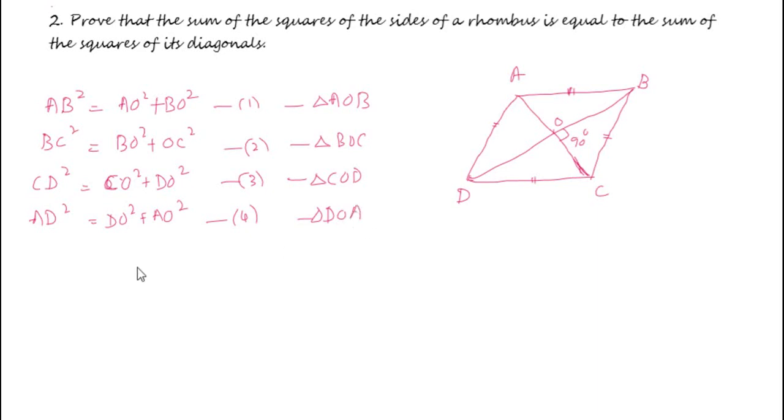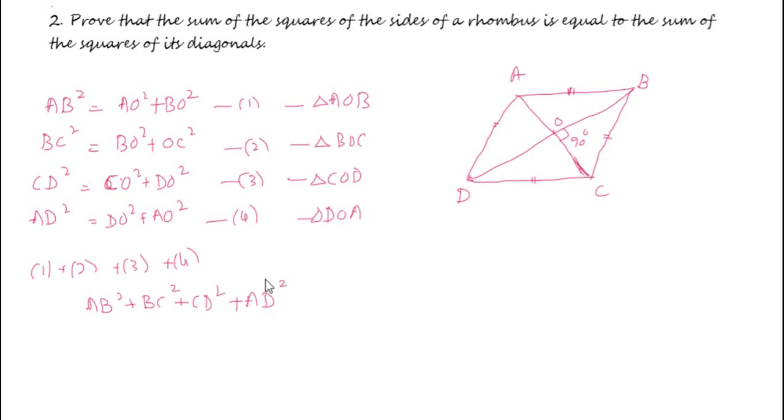If you add all 4 of these, that is 1 plus 2 plus 3 plus 4. On the left side we have AB square plus BC square plus CD square plus AD square.